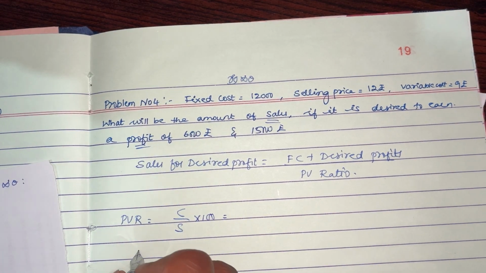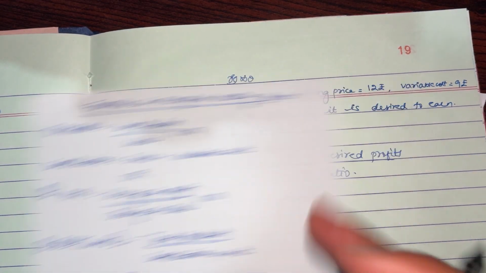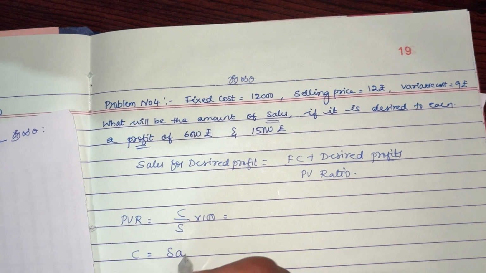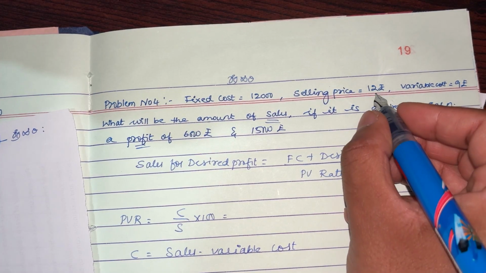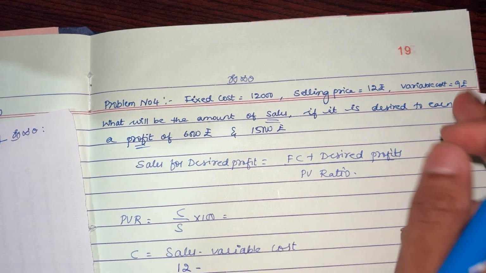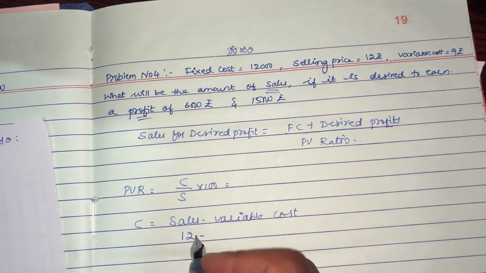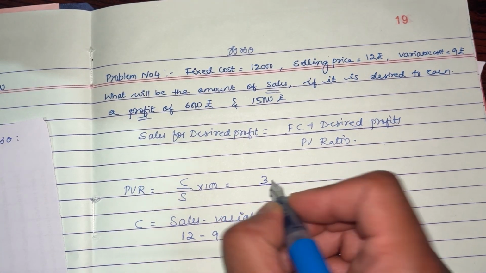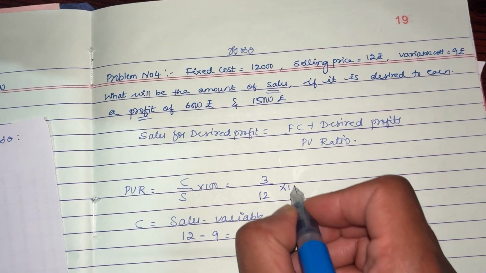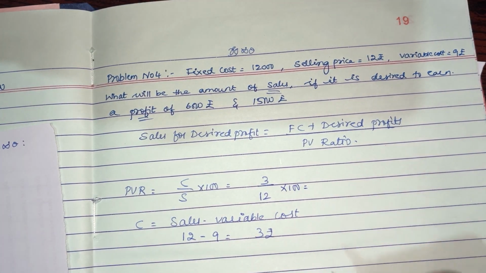Now we need to first calculate contribution: sales minus variable cost. What is selling price per unit? 12. What is variable cost per unit? 9. That is 3 rupees. So contribution is 3, by 12 into 100.